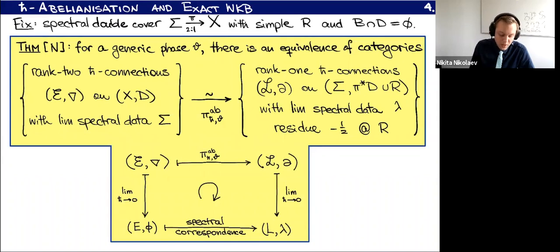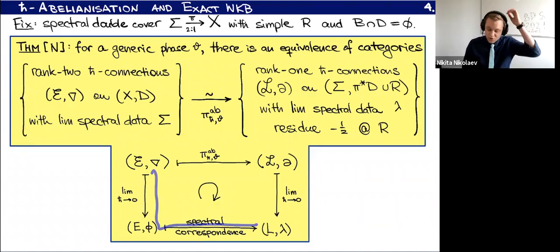which goes as follows. Suppose I start with one of these rank 2 H-bar connections, (E, nabla). Now there are two things that I can do to it. One, which is the more standard thing, is that it is an H-bar connection, so I can take the limit as H-bar goes to 0 and look at the corresponding limiting Higgs bundle and apply the spectral correspondence to put a line bundle with a rank 1 Higgs field on it over the spectral curve.